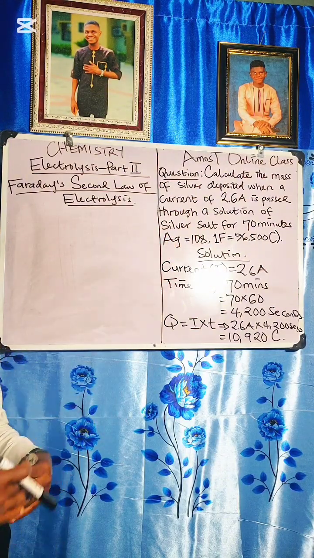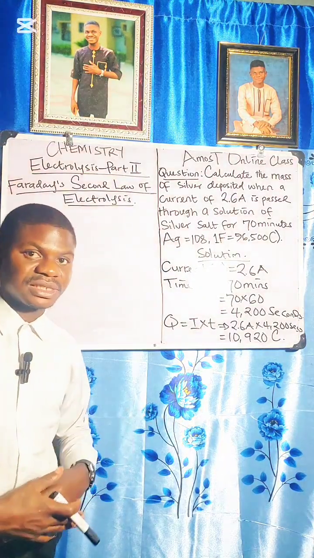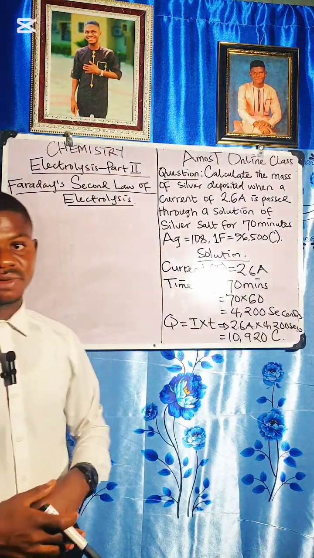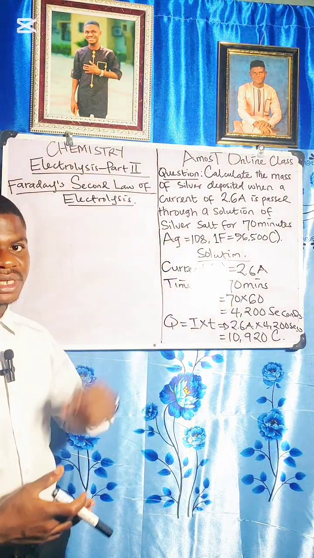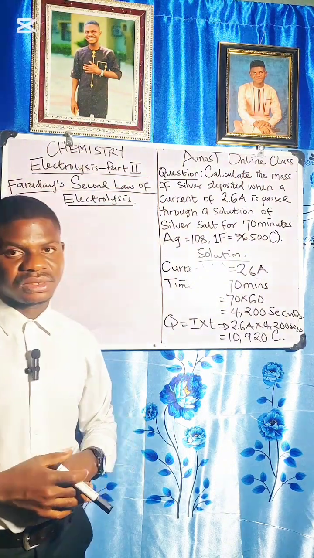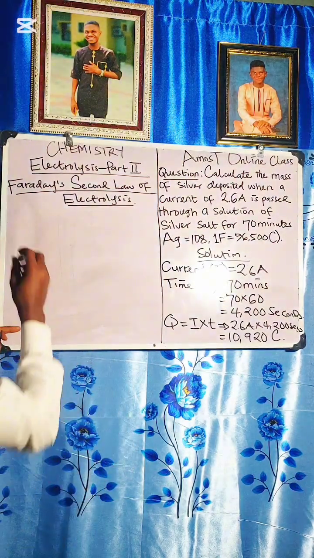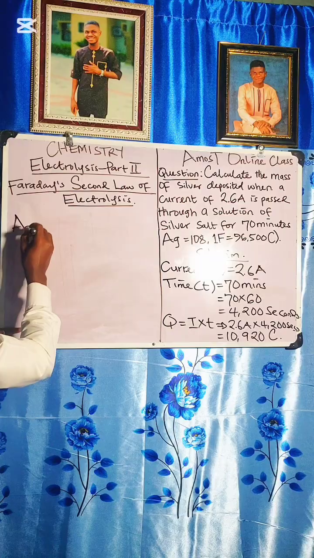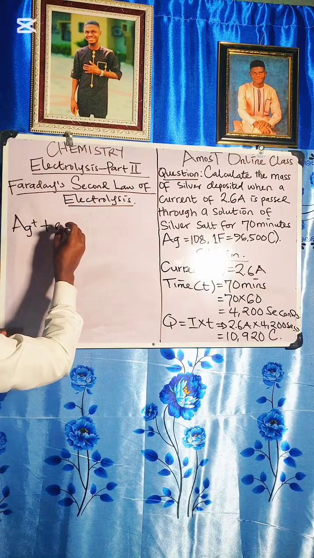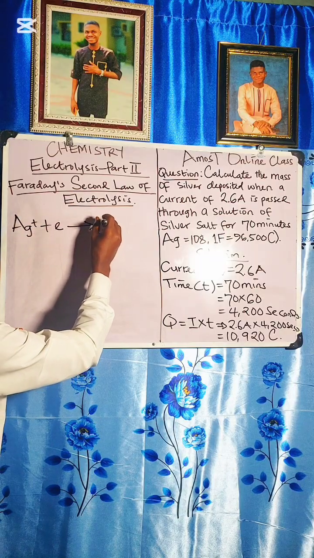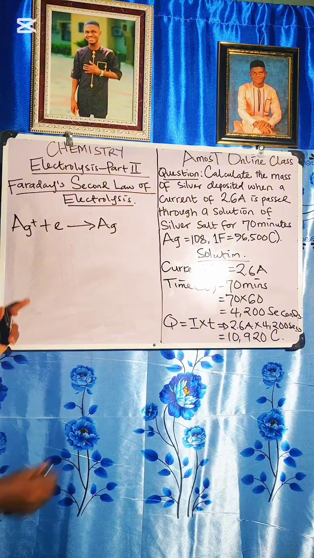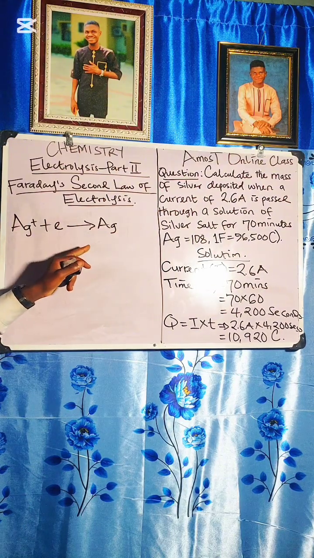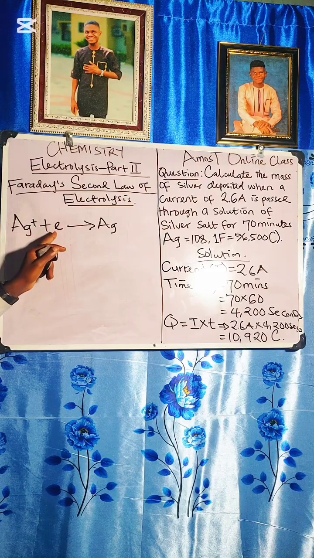We're calculating the mass of silver that will be deposited from a solution of silver salt. The cathodic half reaction for this kind of question will be as follows: silver ion plus 1 electron.